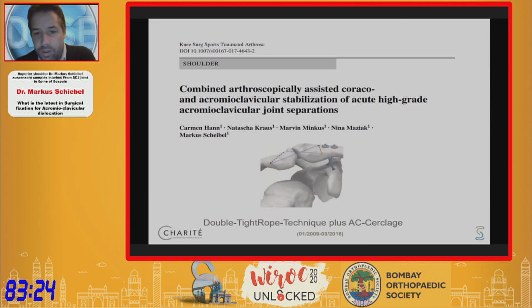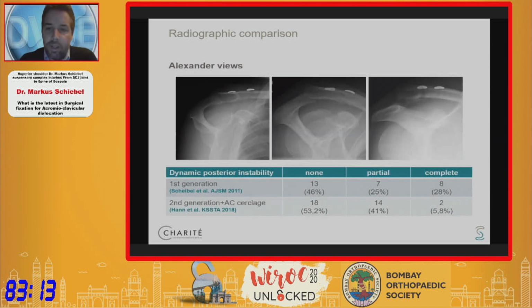And as you know, if you do a technique for almost 7 years, the technique works pretty well, and we were happy with it. When we compared these patients to the first generation, where we just did a CC stabilization, and now CC plus AC stabilization, we could significantly decrease the amount of posterior translation, and particularly complete posterior translation on Alexander views. And these patients also had better clinical outcomes. So for us, it seems important to do an additional AC cerclage.